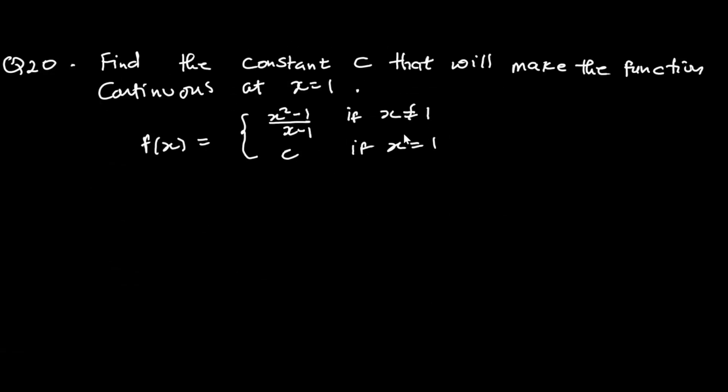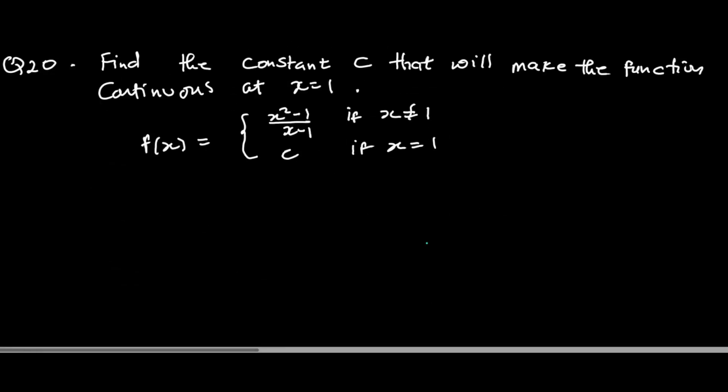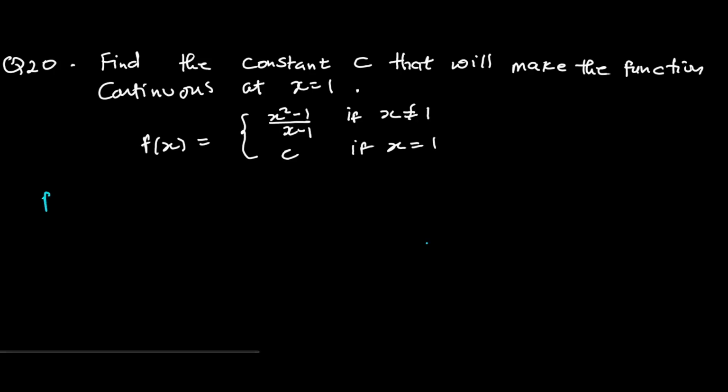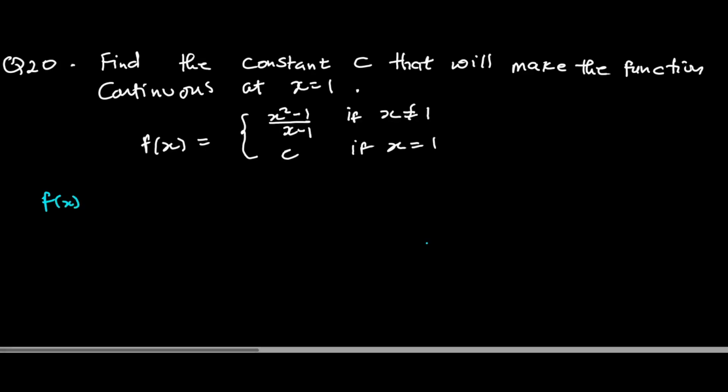Alright, so this question is giving us: find the constant c that will make the function continuous at x equal to 1. Now for continuity, we know that if we evaluate f of x at the limit point, it should exist.